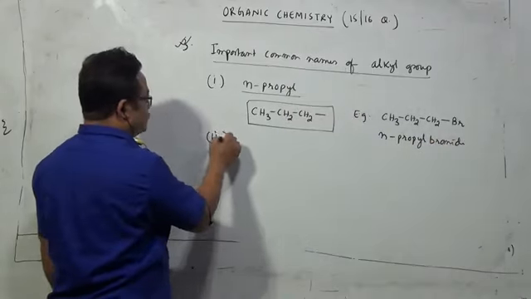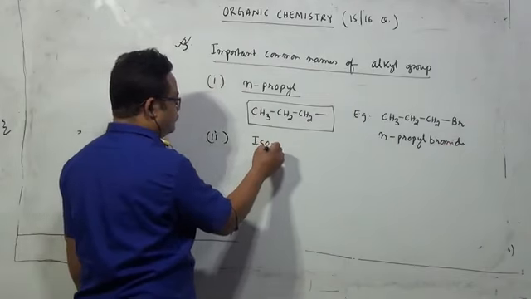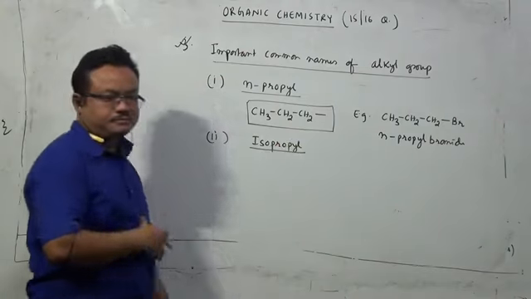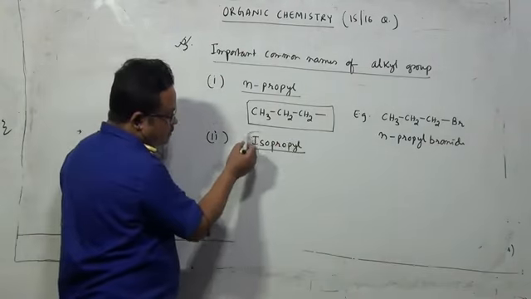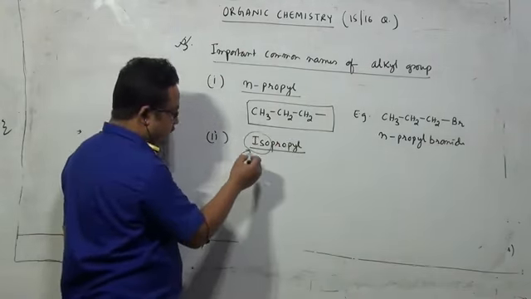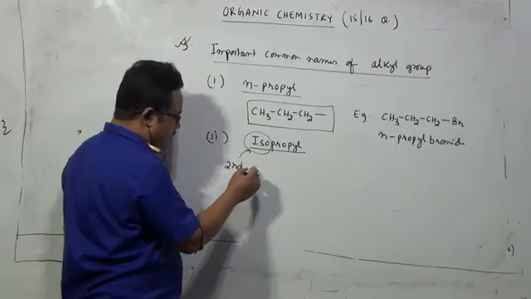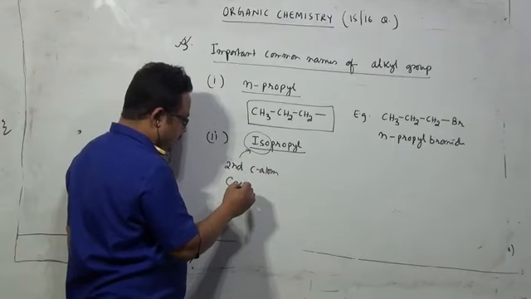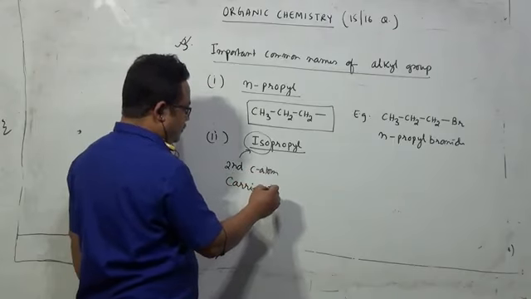Then next, second, we have isopropyl. Iso means the second carbon atom carries a methyl group.